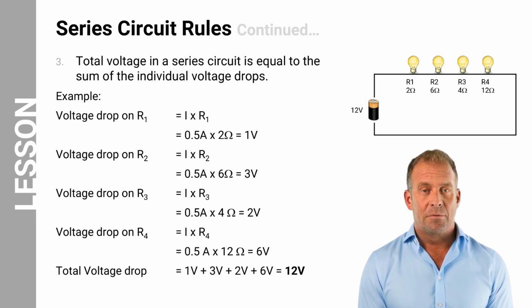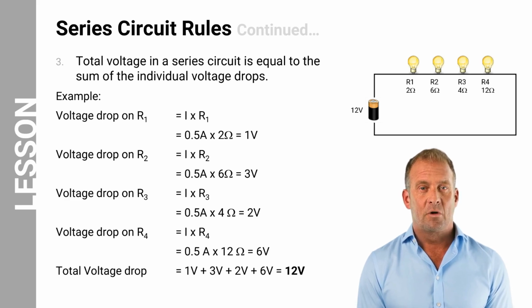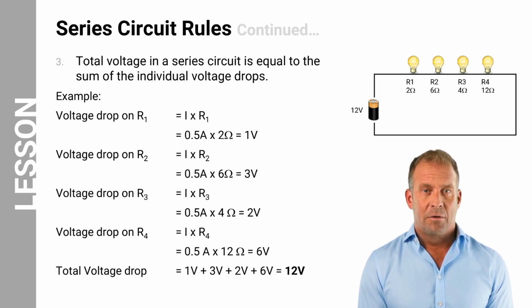Similarly, for R2, it is 0.5 ampere times 6 ohms equals 3 volts. For R3, it is 2 volts, and for R4, it is calculated to be 6 volts. When we sum these individual voltage drops, we get 12 volts, which matches our initial total voltage. This demonstrates that in a series circuit, the voltage is divided among the components, with the sum of these divisions equaling the total voltage supplied to the circuit.